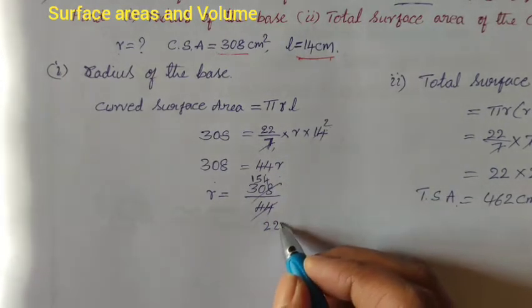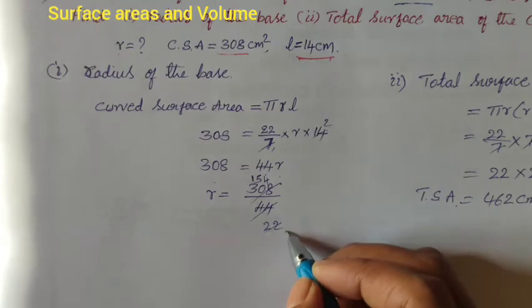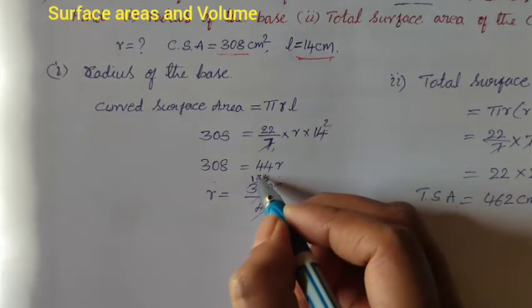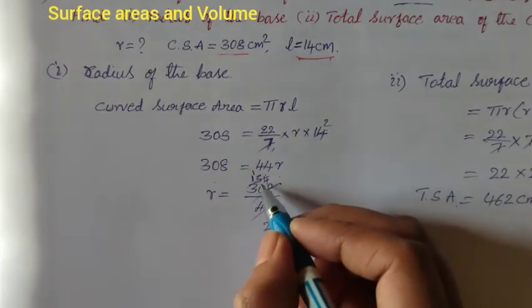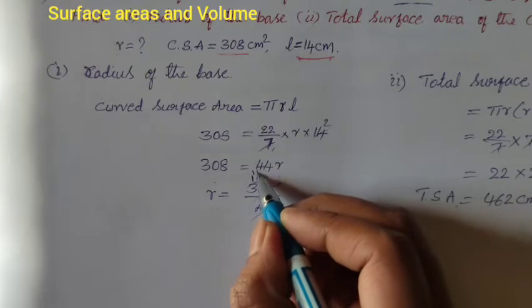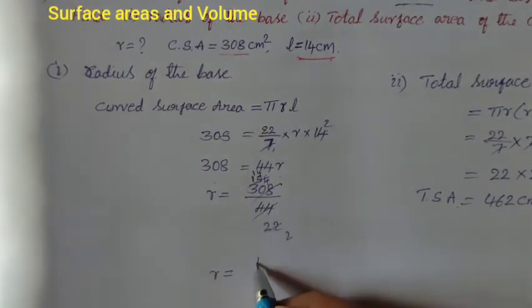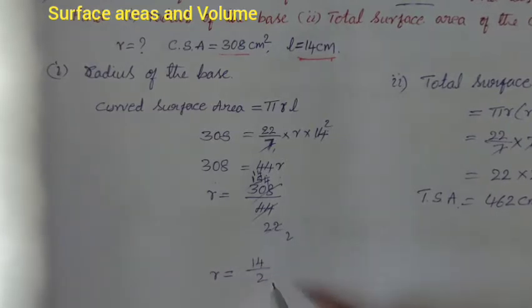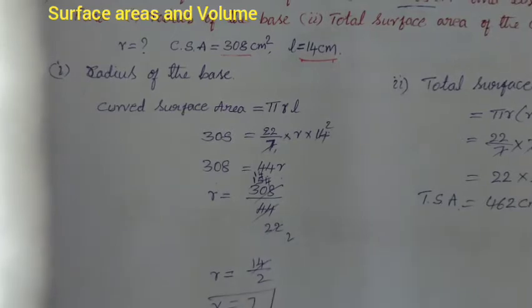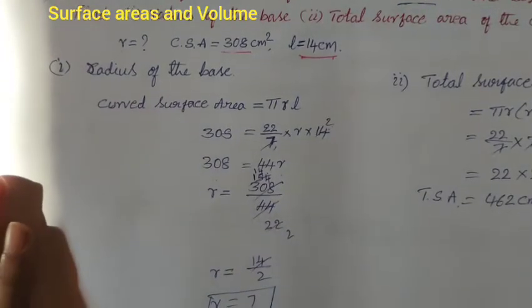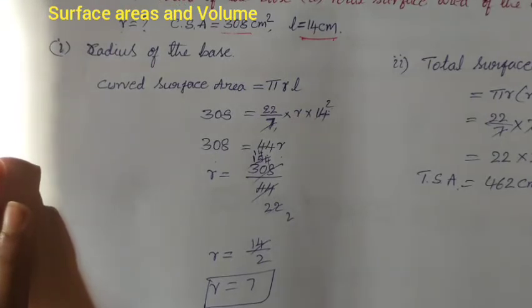Again you take 11, 11 twos are 22, 11 fours are 44. So the r is equal to 14 divided by 2. So you can divide by 2, we get 7. So the value of r is equal to 7.